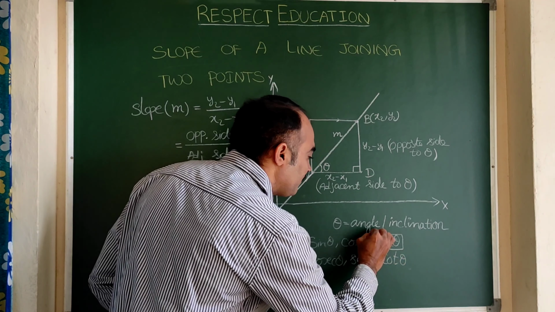That means the slope of a line joining 2 points can be said either as small m, that is y2 minus y1 by x2 minus x1, or it can also be said as tan theta if theta is known. Theta means the angle between the line and the positive x-axis. If that is known, we can apply tan theta.